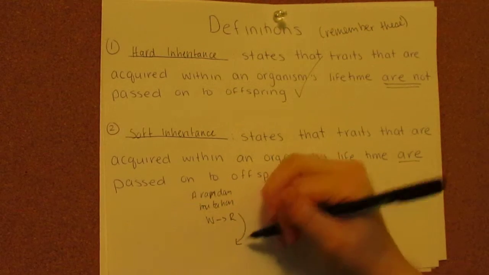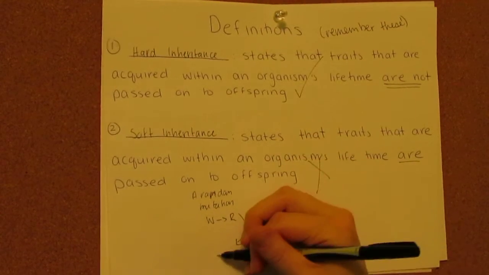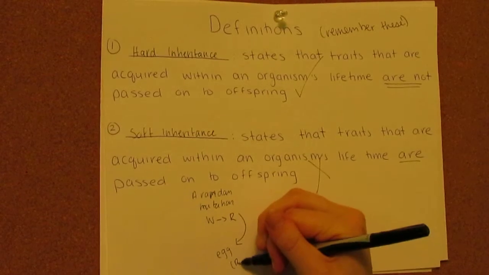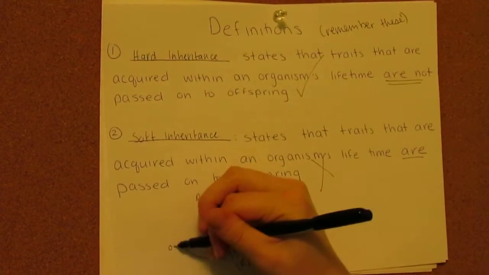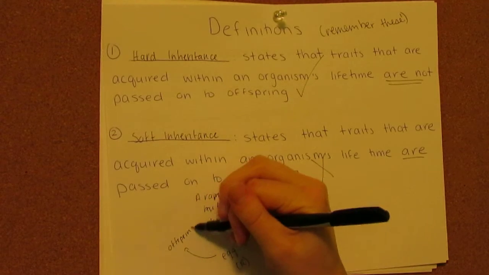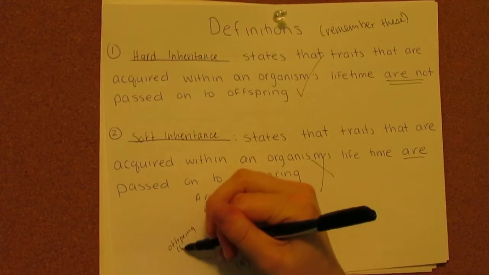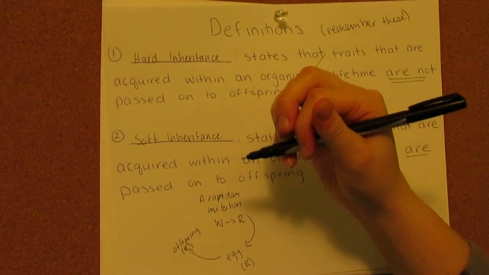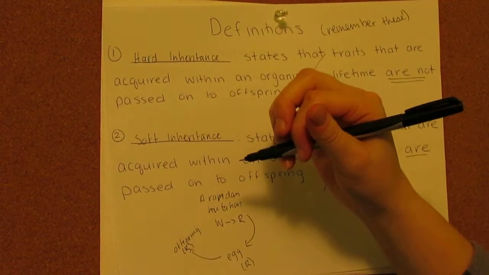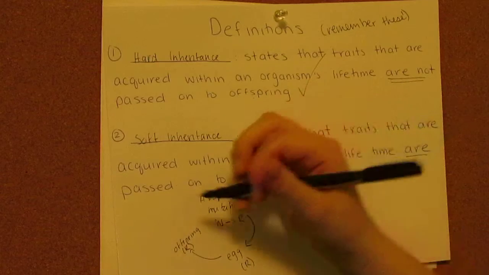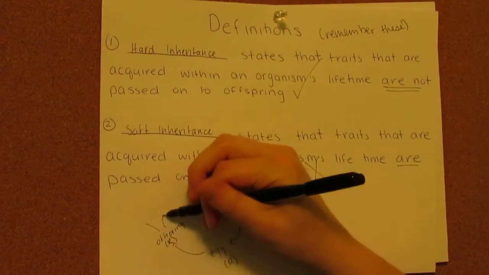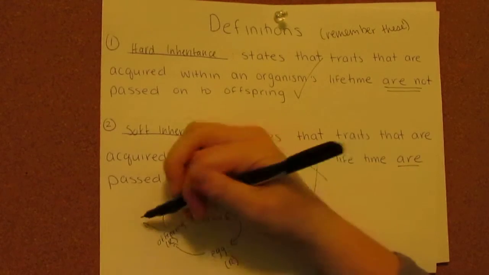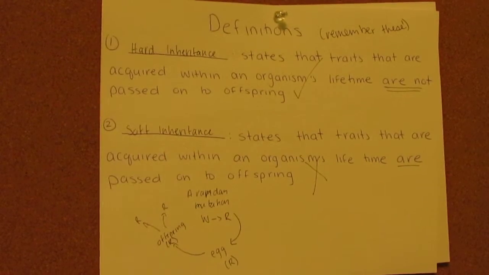This mutant will be passed on to the egg, which will contain the R gene. This offspring will exhibit the red coloration. And then any offspring from that one will also contain the R, unless there is another mutation.